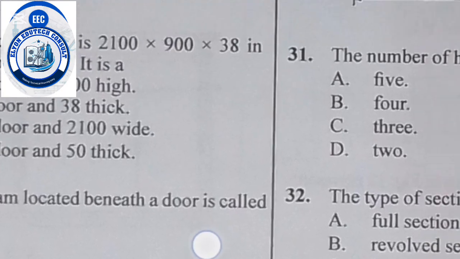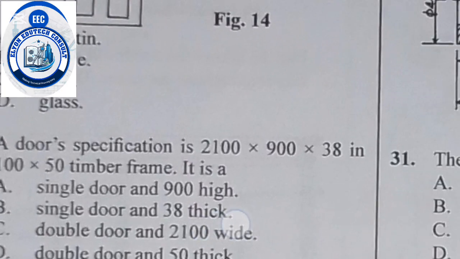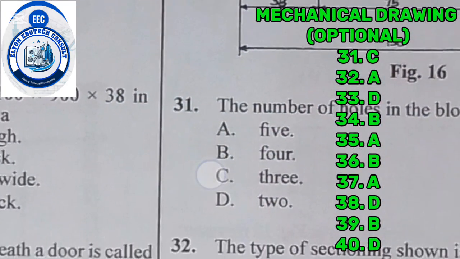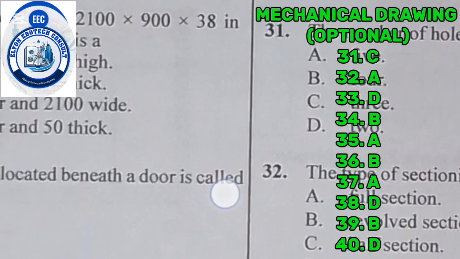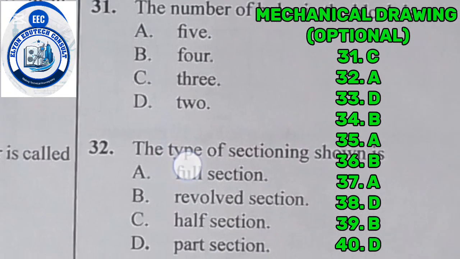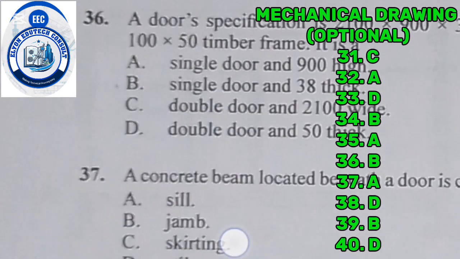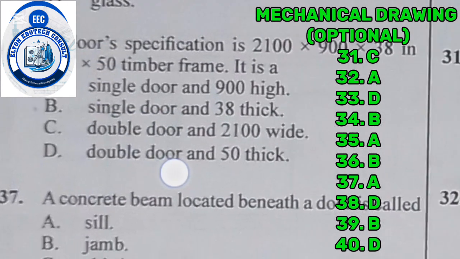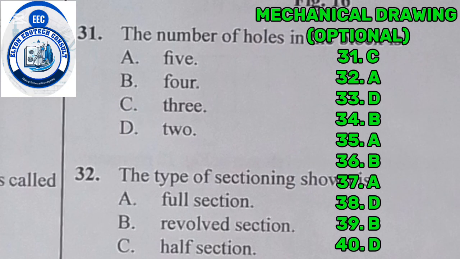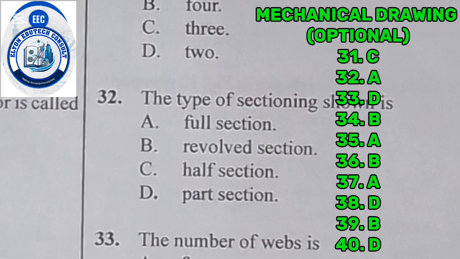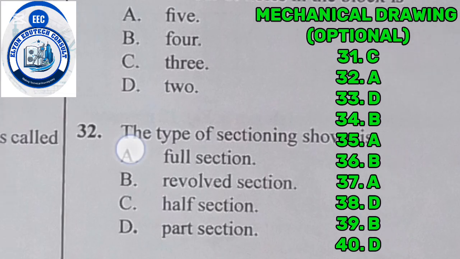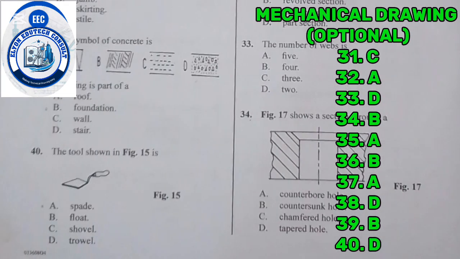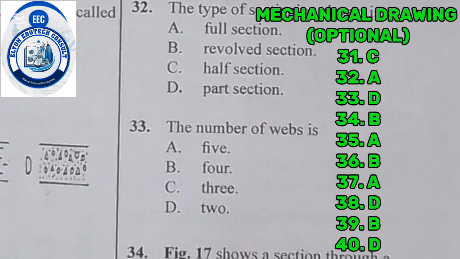One good thing about this objective is the way it works. If you are to answer the mechanical drawing, the options of the answers of our building drawing are going to be the same as the mechanical drawing. For question 31, we had C as our answer for building drawing.